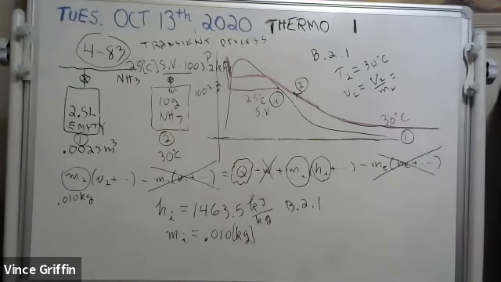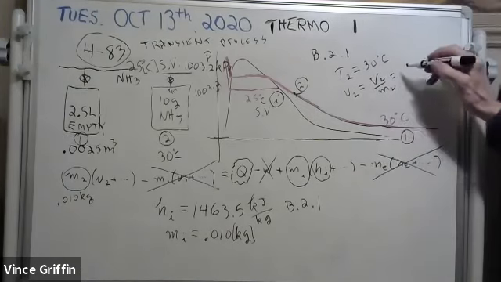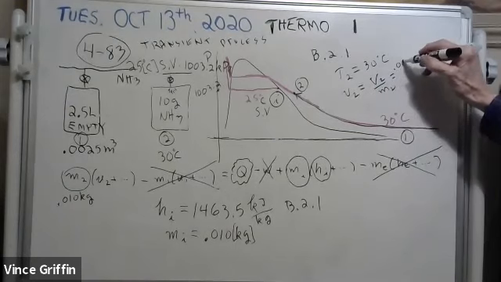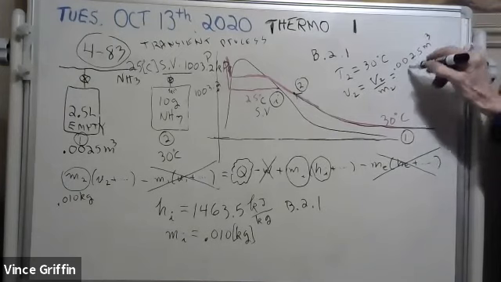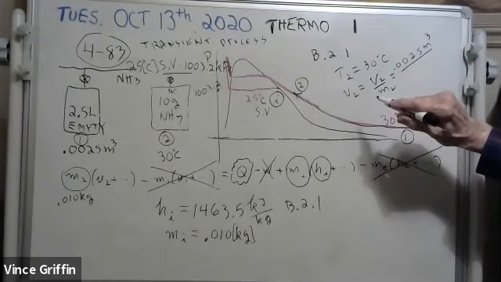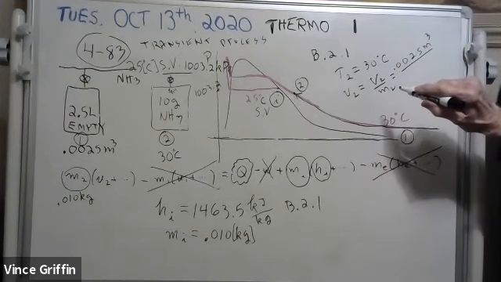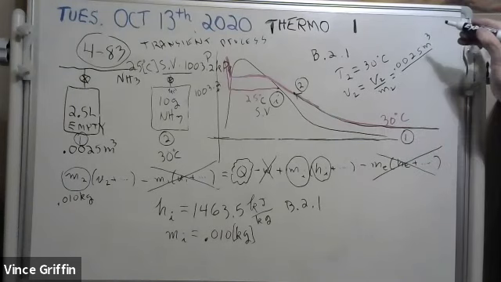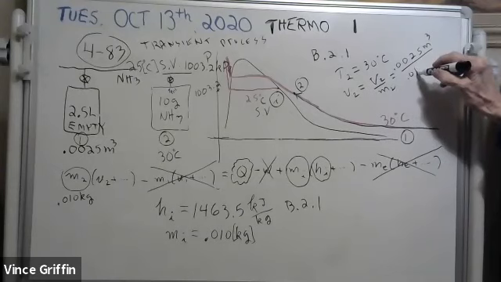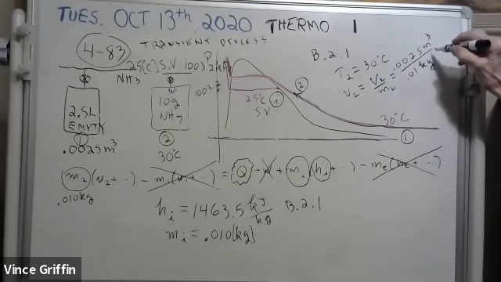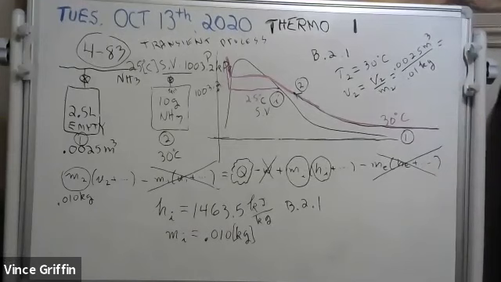The volume at state 2 hasn't changed any. It's 0.0025 cubic meters, and the mass at state 2 is 0.01 kilograms.